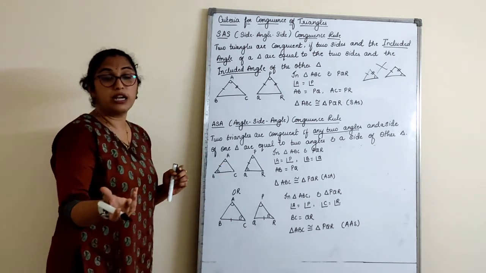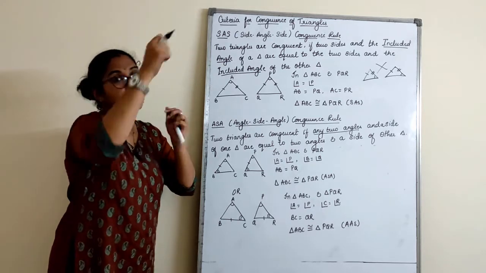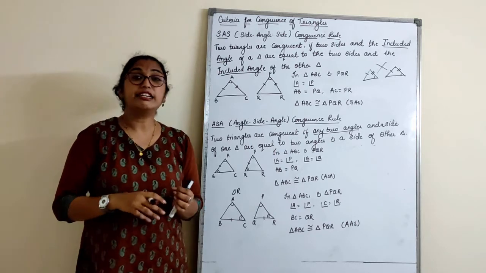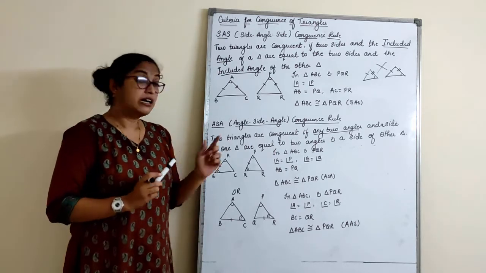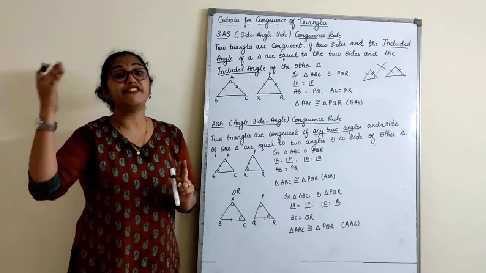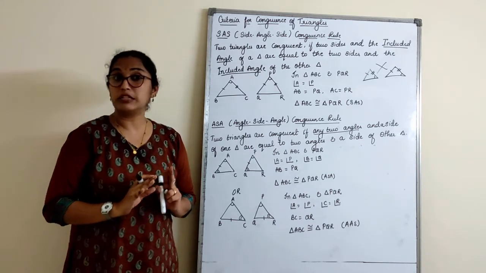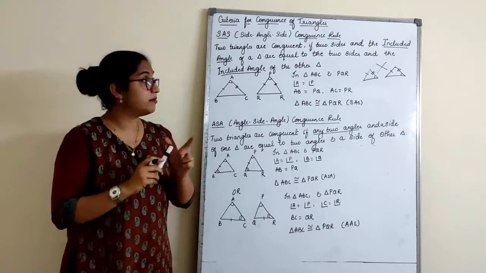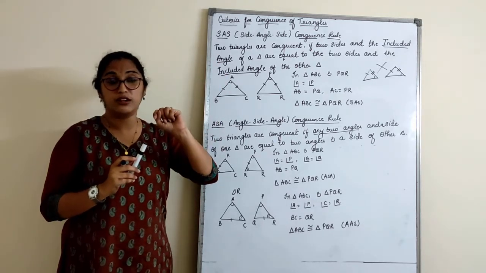Included side means the side should be between the two angles. But the condition here is, it is not compulsory. The side can be between the two angles, it is okay. Even if it is not between the angles, it is okay. So that condition we can vary here and there. But here there is no adjustment done, children.